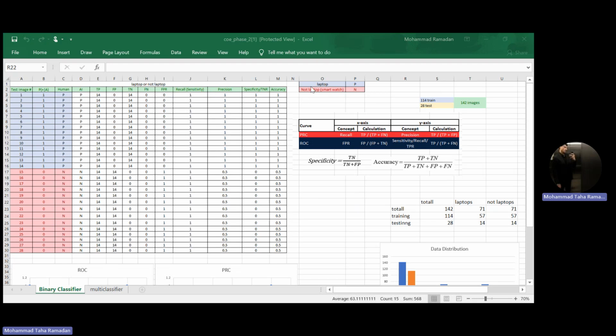As I said before, the laptop stands for P and the non-laptop, smartwatch, stands for N here. The training pictures were 114 and the tests were 28, and in total it was 142.